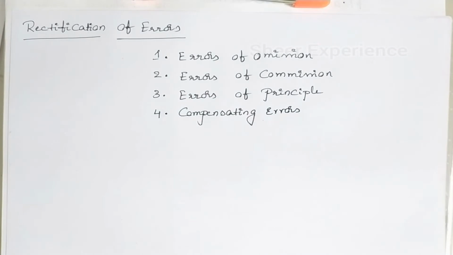In these types of errors, some errors will affect trial balance, which means that debit and credit balances in the trial balance will not match with each other. Some will not affect trial balance, which means debit and credit balances in the trial balance will still match with each other. Now let's understand each type of error one by one.